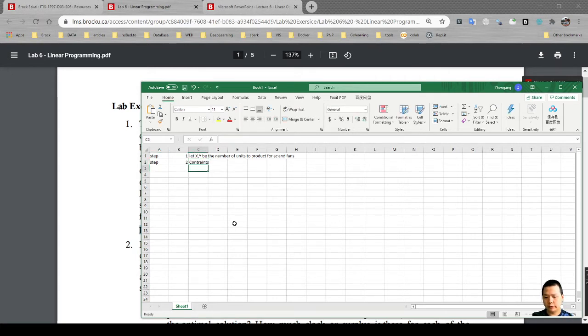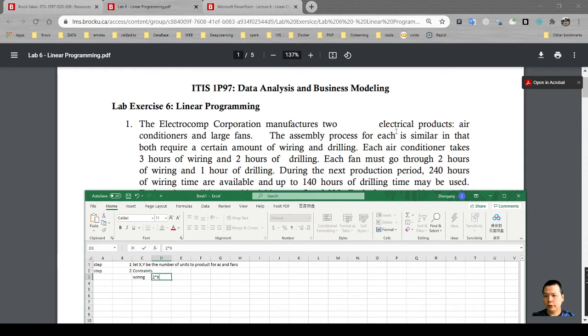So the first constraint is wiring, right? 3 hours of wiring: 3 times X plus 2 times Y should be less than or equal to 240.